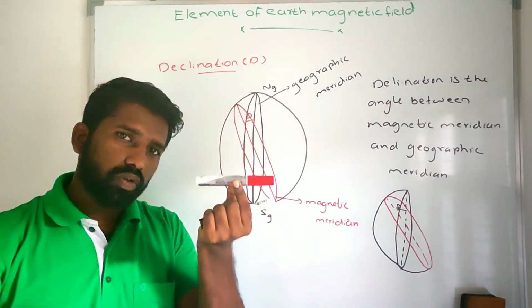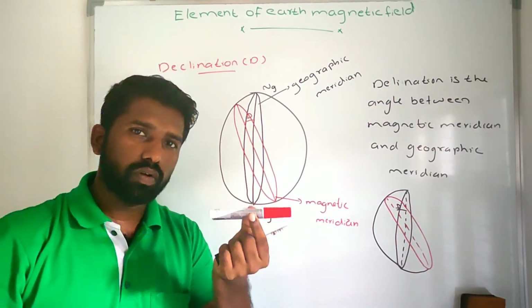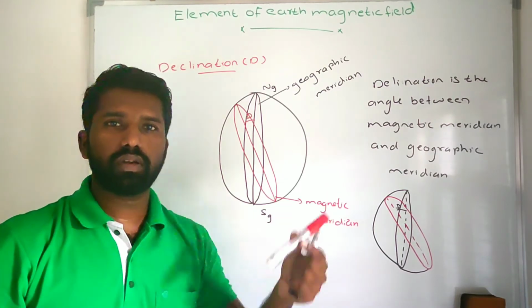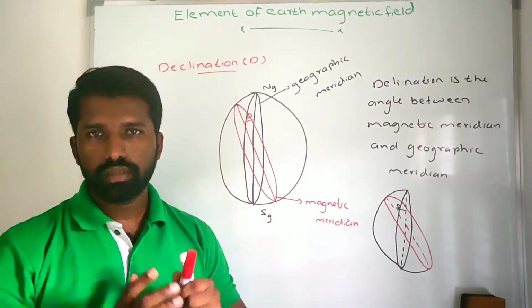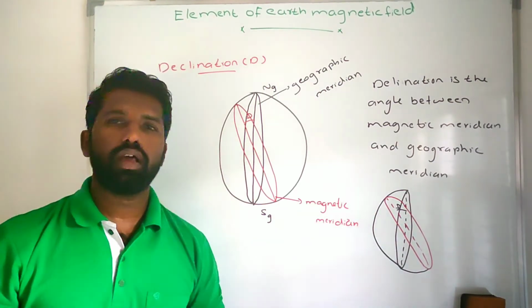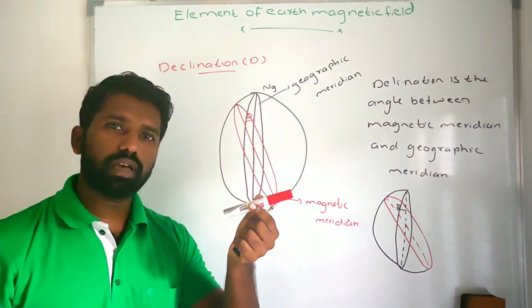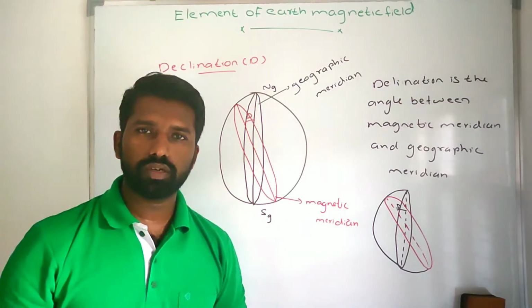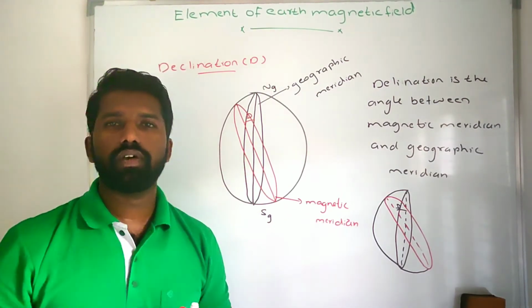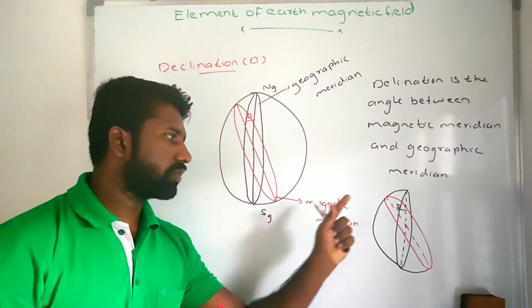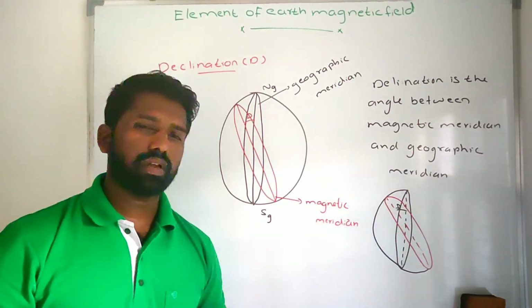So you place the horizontal compass at a particular point, and it will show the magnetic meridian at that point. From that we can get the declination also. By using a horizontal compass we can find out the declination, that is, how much the angle is with the geographic meridian.